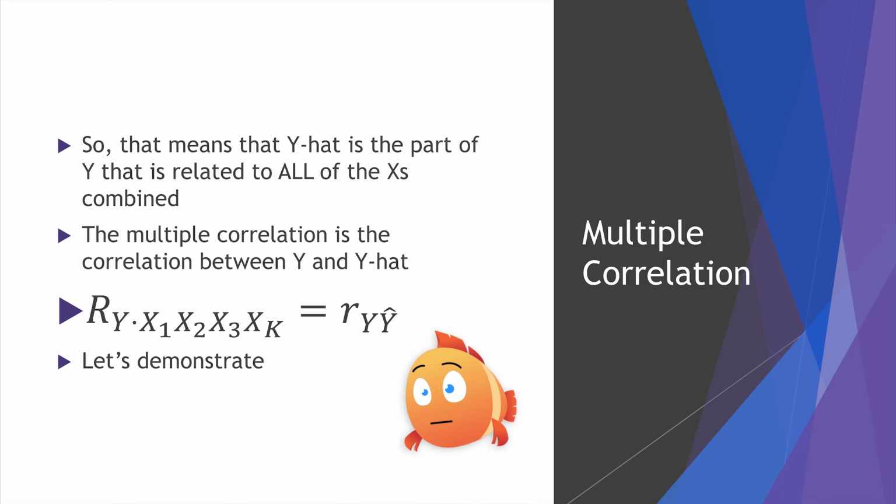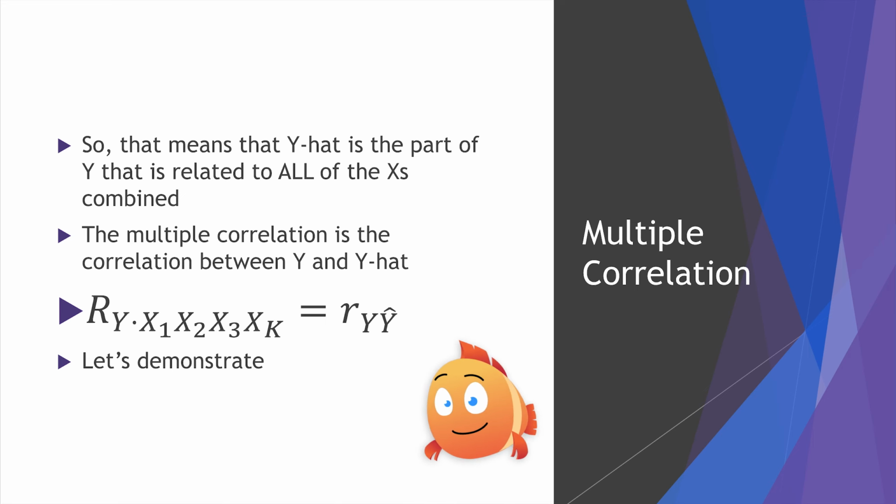So that means that y hat is the part of y that is related to all of the x's combined. So the multiple correlation is the correlation between y and y hat. It's the correlation between our estimated y and observed y, and we are estimating y from all the individual pieces.